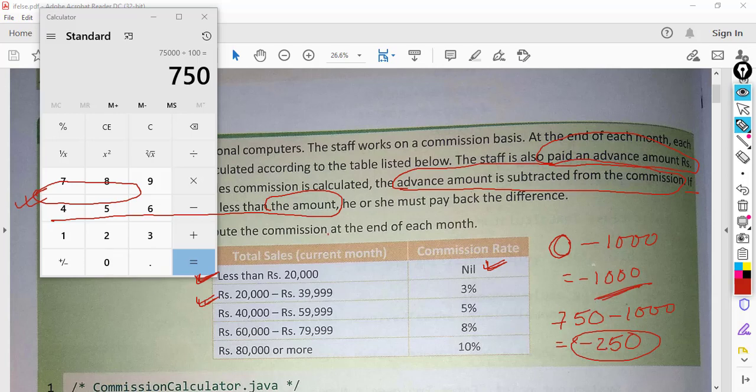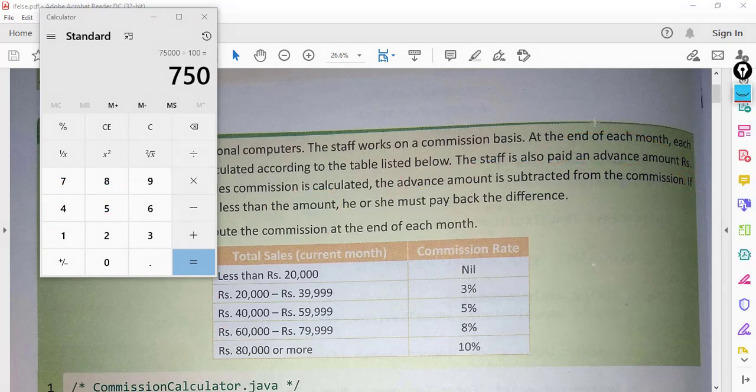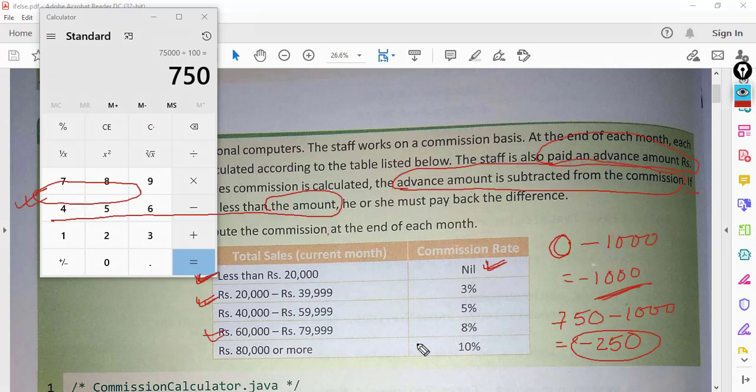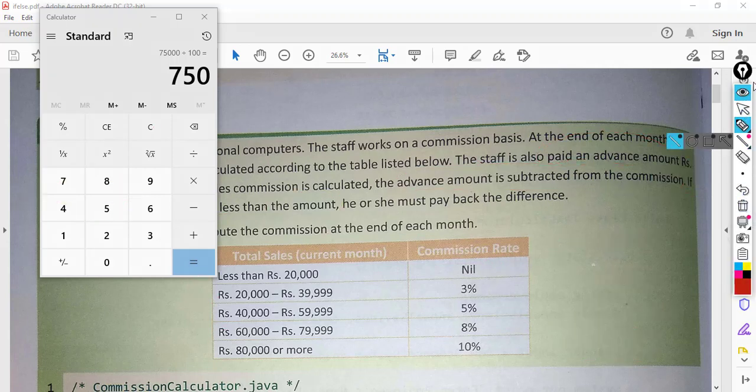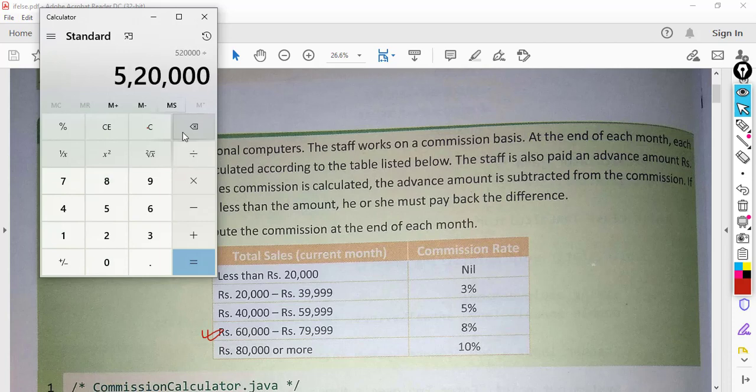Now let's consider this one. If the sales amount is let's say 65,000, so what will be the commission? 65,000 into 8 divide by 100, so that will be 5,200.